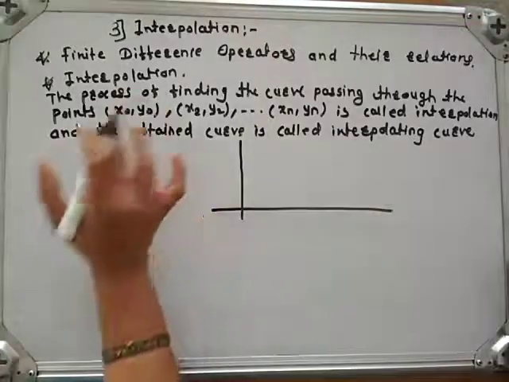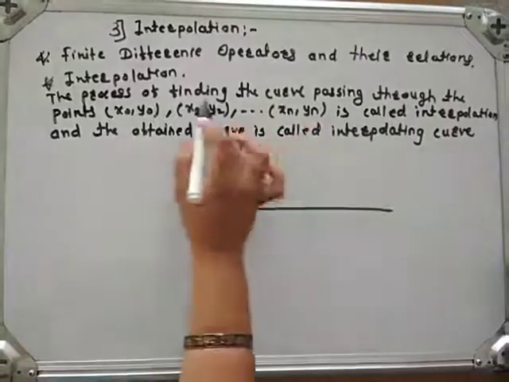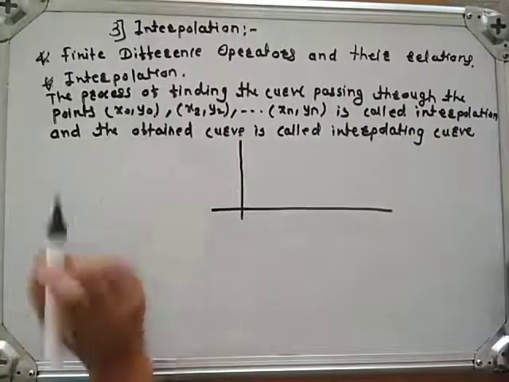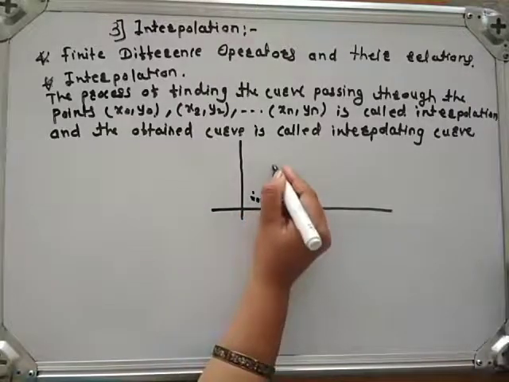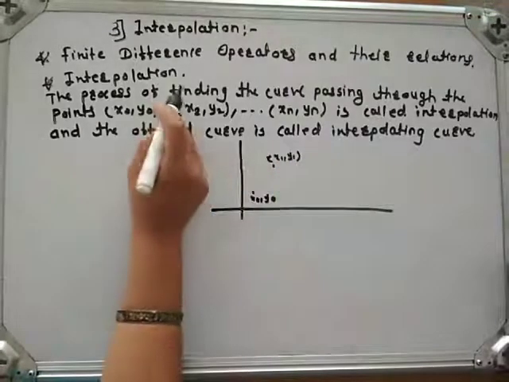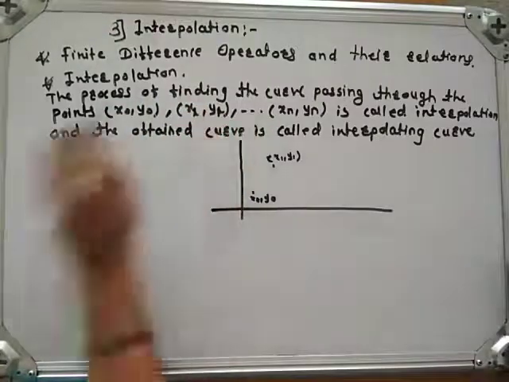See here, what is interpolation? Interpolation is the process of finding the curve passing through the point x0, y0. Suppose here is a point x0, y0. Suppose here is a point x1, y1, and so on.